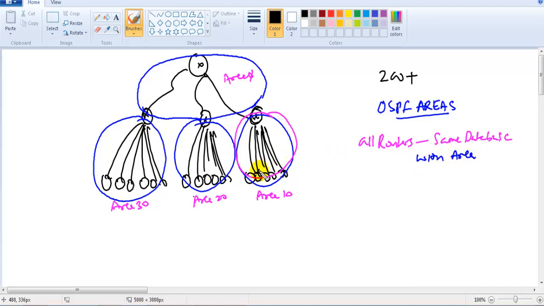Which means this router is going to maintain the database of only the routers within the same area, but not the other area databases. So the first problem is solved. The size of the database is reduced because it is made within a specific area only, and these routers don't maintain any other area information.